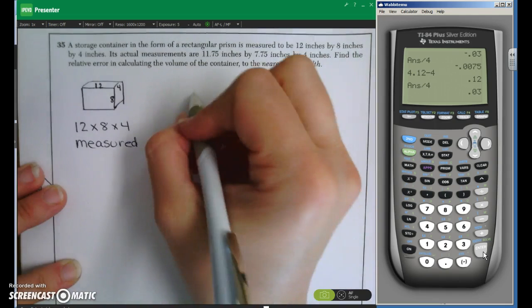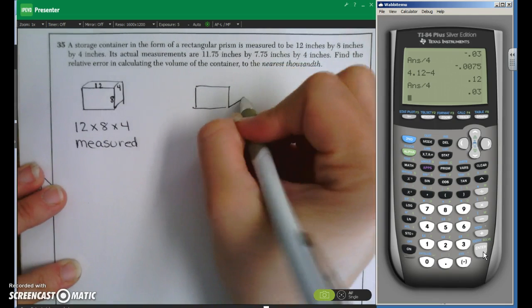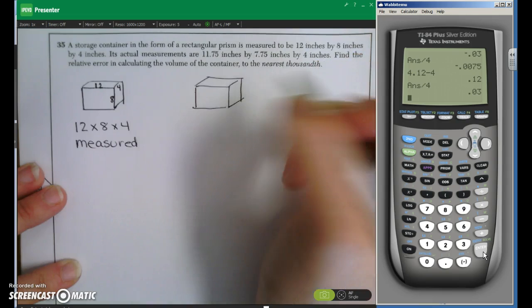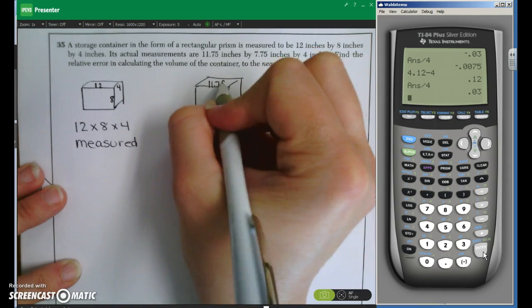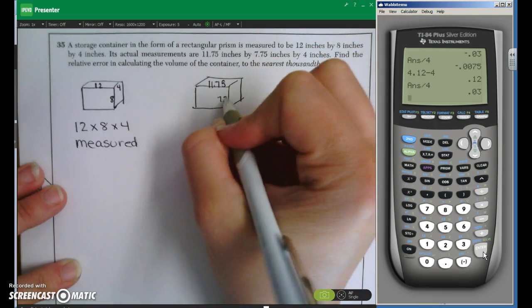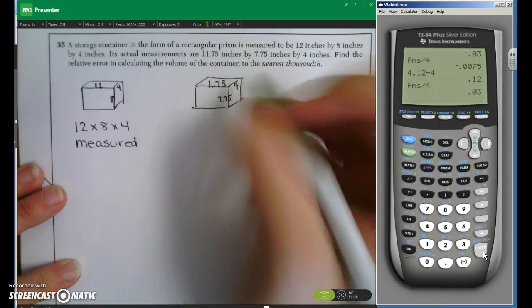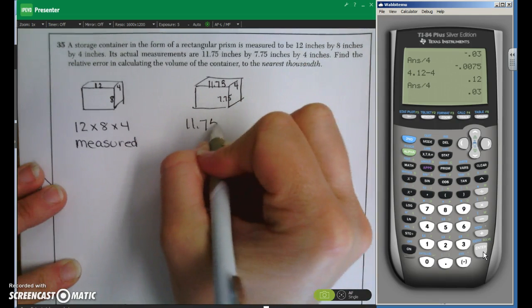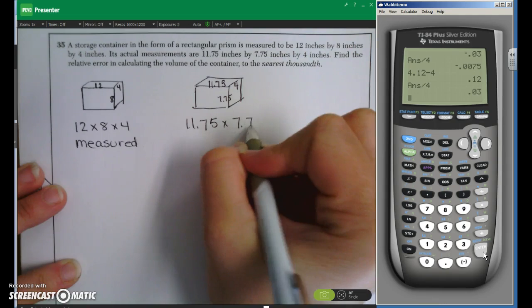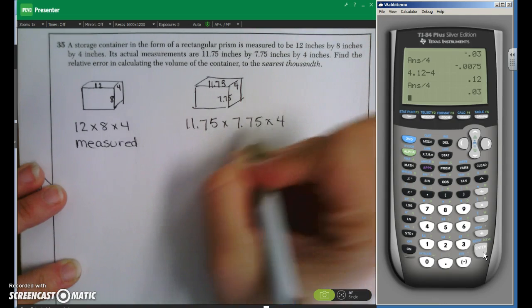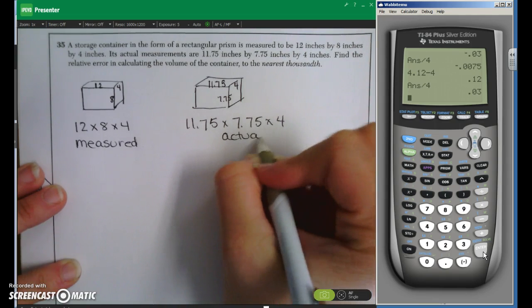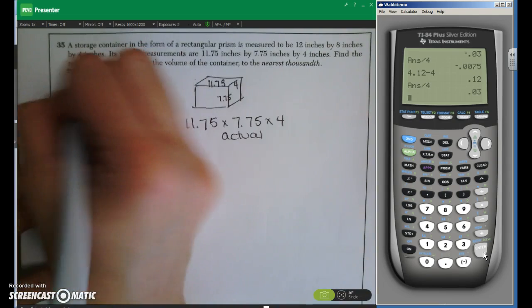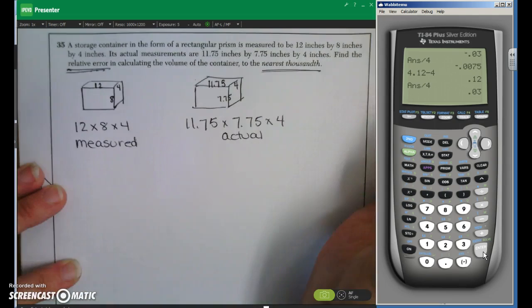It says the actual measurements are 11.75 by 7.75 by 4. It wants us to find the relative error to the nearest thousandth.